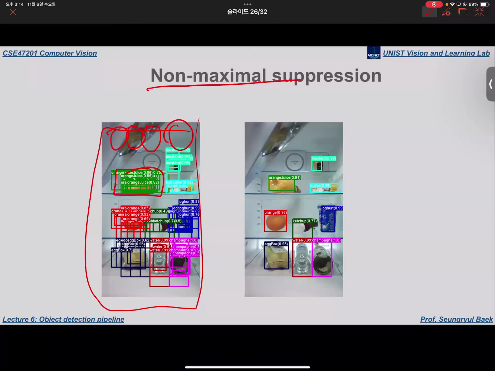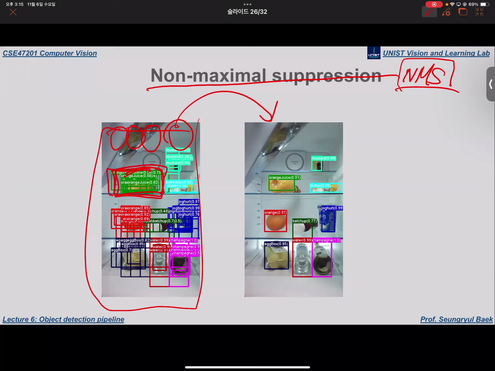Somehow you have to apply a post-processing algorithm whose name is non-maximal suppression. We frequently call it NMS, to make the result like this. So which kind of algorithm may be required here? If you think about it, a very simple algorithm is required actually.